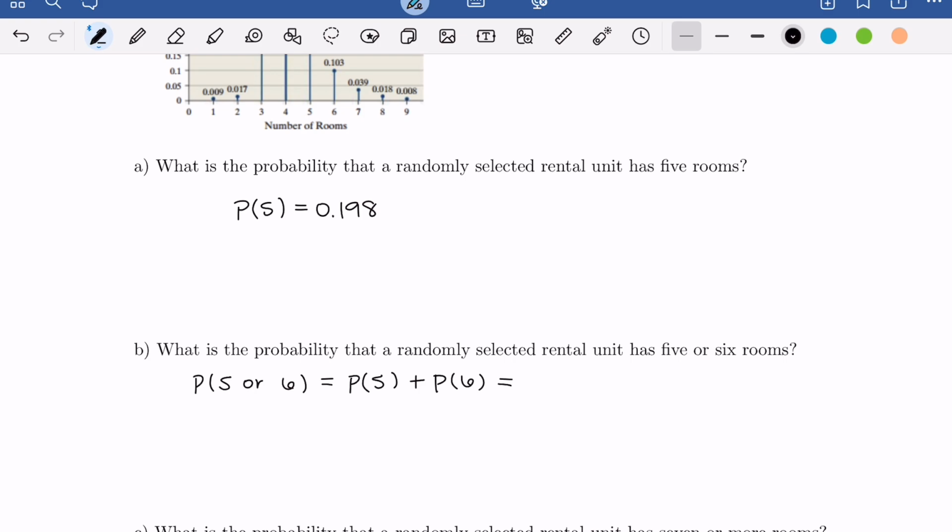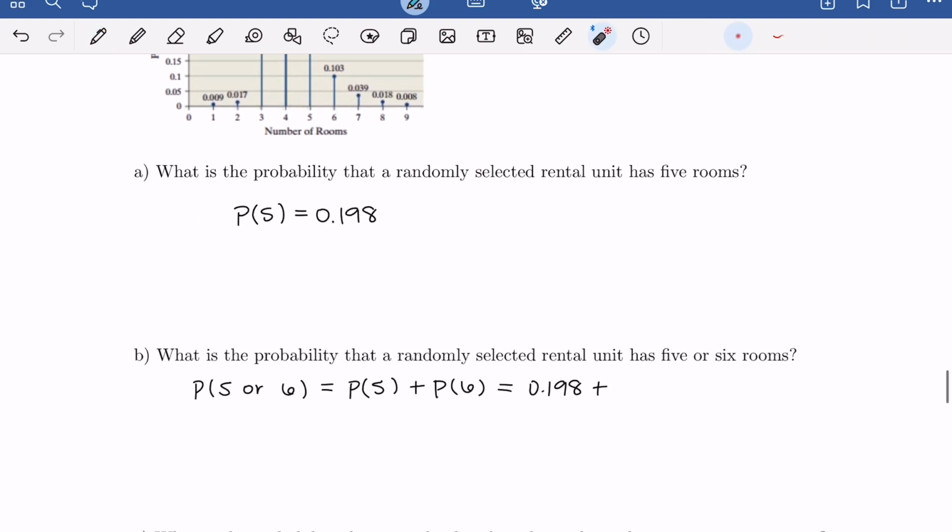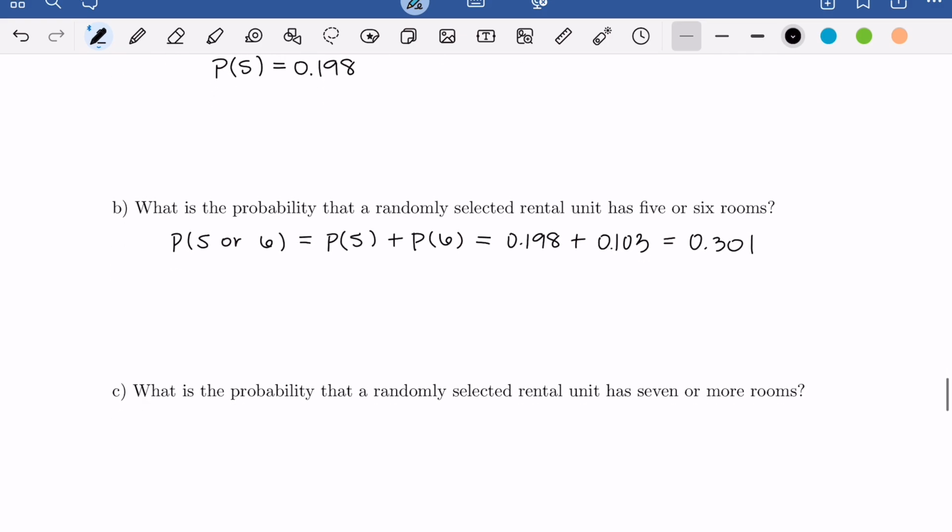So we know that the probability of a randomly selected rental unit having 5 rooms is 0.198 from part A. And then for 6 rooms, that probability is going to be 0.103. Adding these together here, we're going to get a probability of 0.301. So also fairly straightforward.